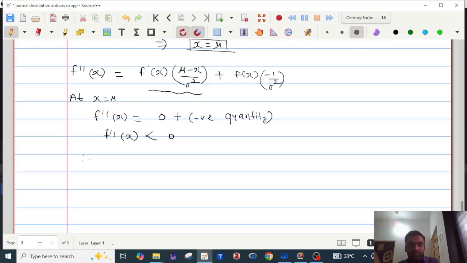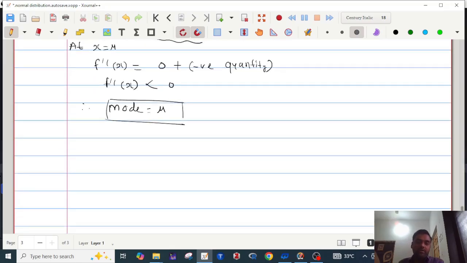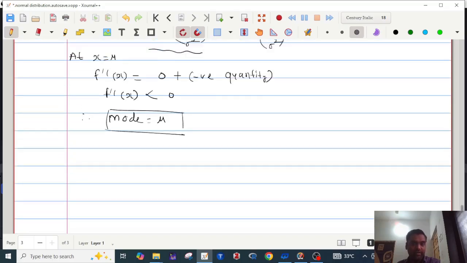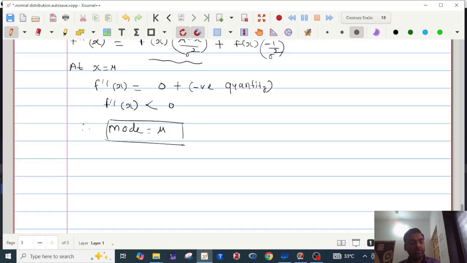Therefore for normal distribution, mode is mu. So for normal distribution we have computed mean is also mu and mode is also mu. In the next lecture we will also compute the median, and it will also be mu, as this normal distribution is symmetric in nature.